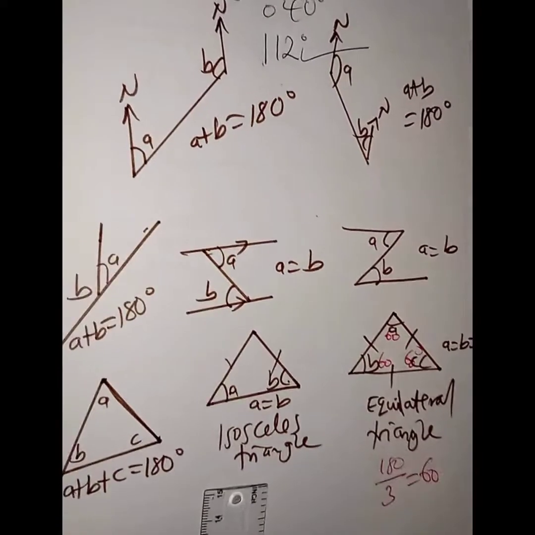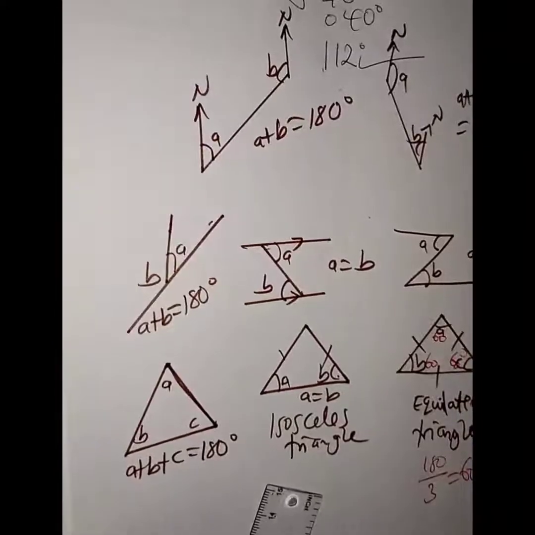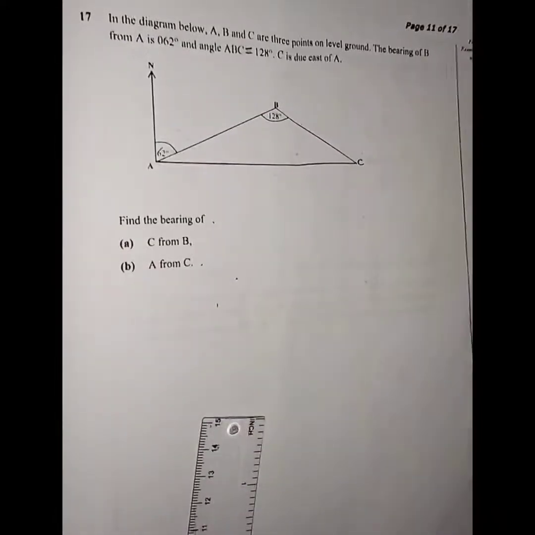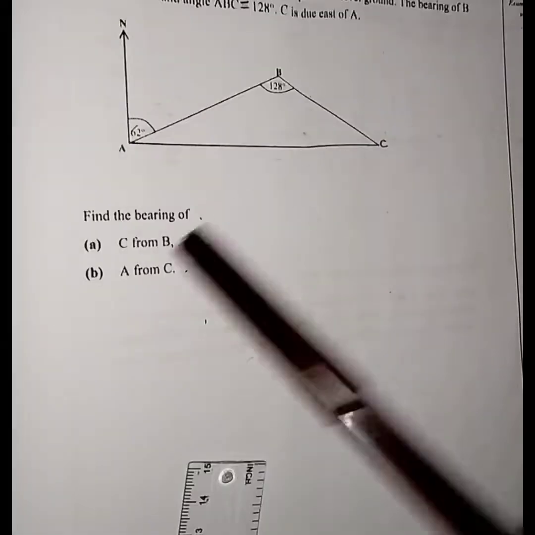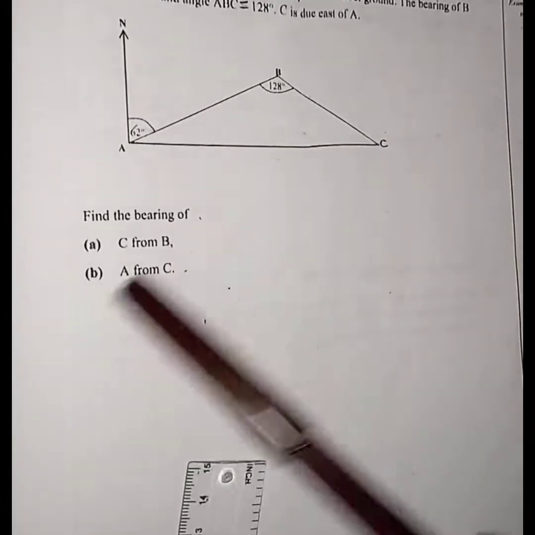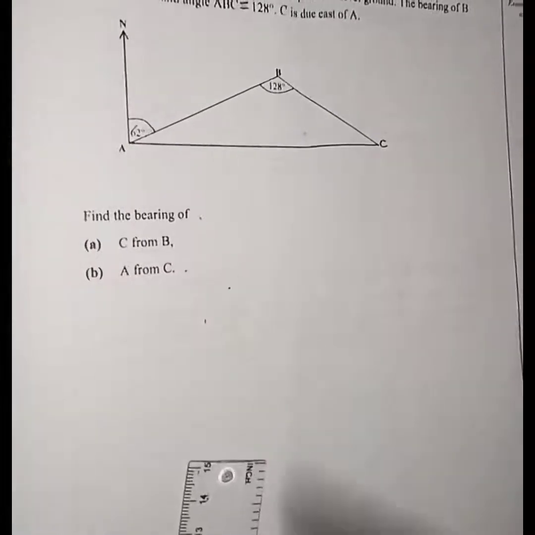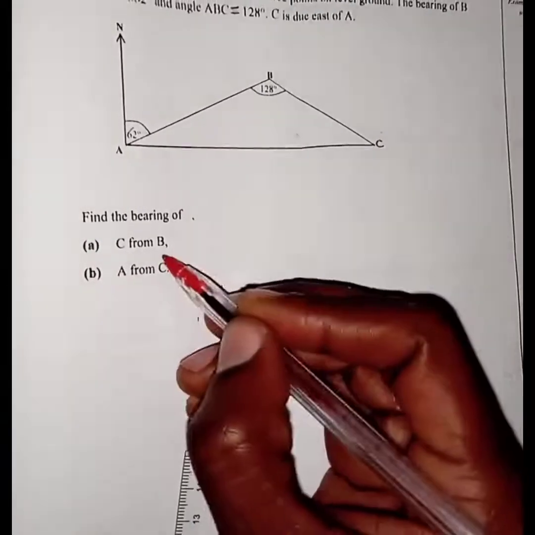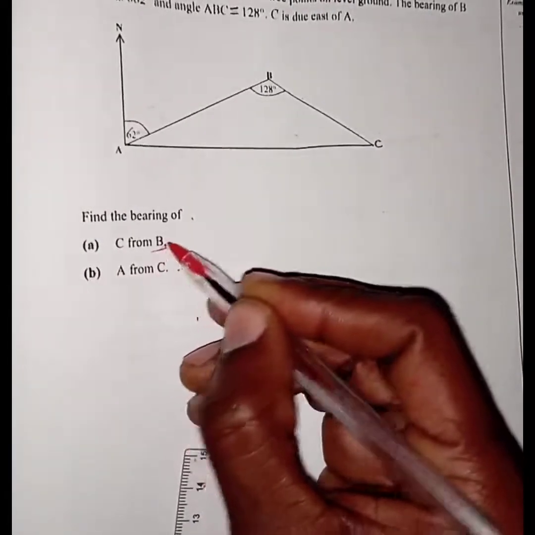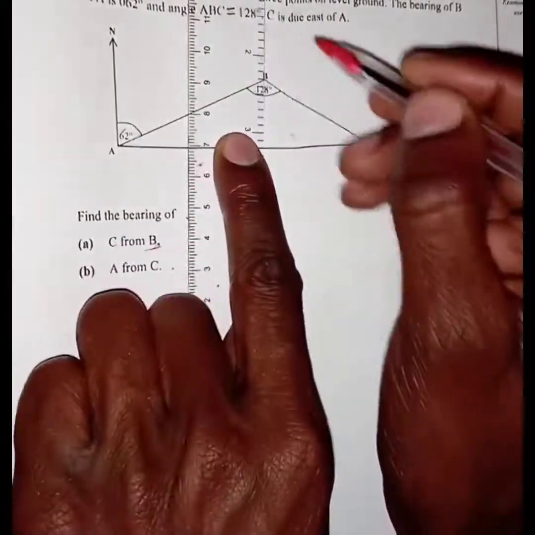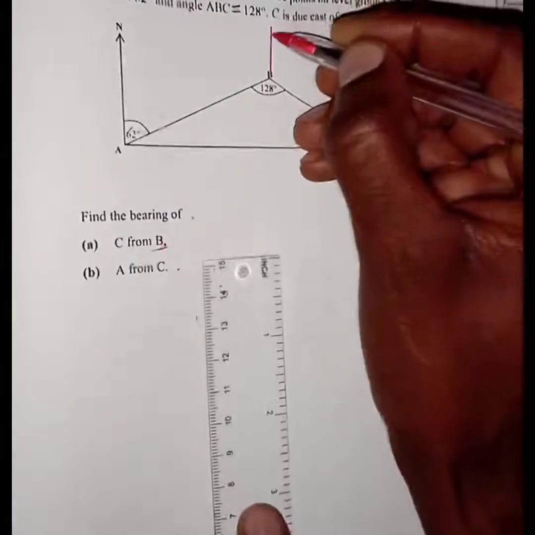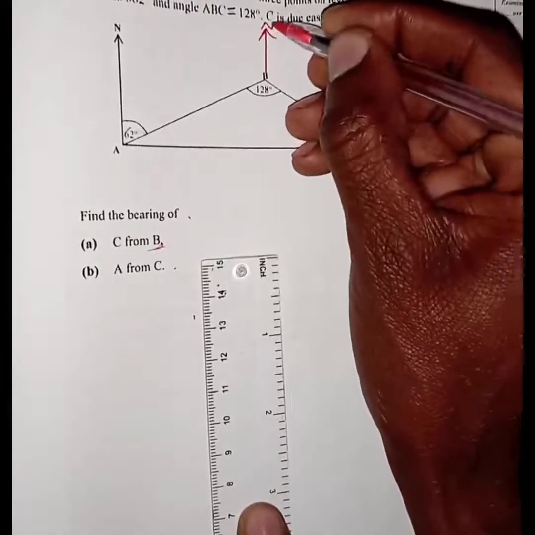So now let's try to figure it out from here. They're saying find the bearing of C from B. So you go where they say from, you draw your true north. From B, we create a true north, a very vertical line.